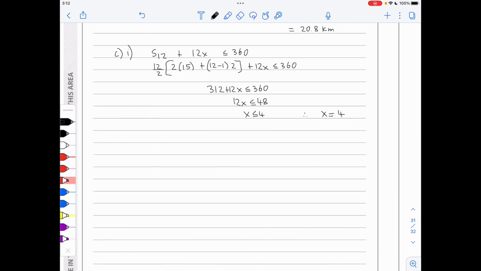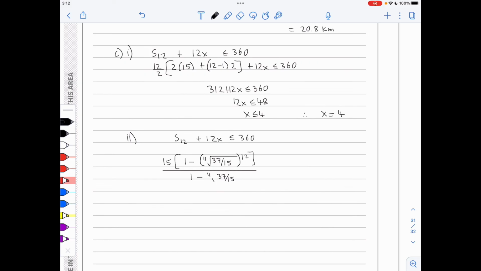And then in II, we've got that S12 plus 12x is again less than or equal to 360. However, this time S12 is the summation of the first 12 terms of our geometric sequence. So we've got 15 brackets 1 minus the 11th root of 37 over 15 raised to the power of 12 over 1 minus the 11th root of 37 over 15.